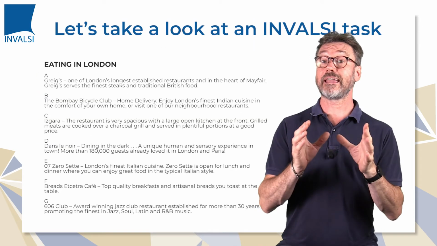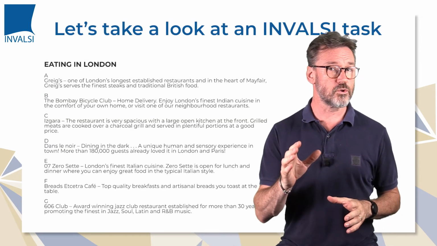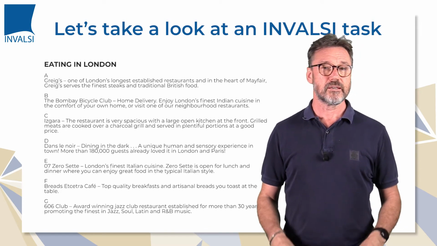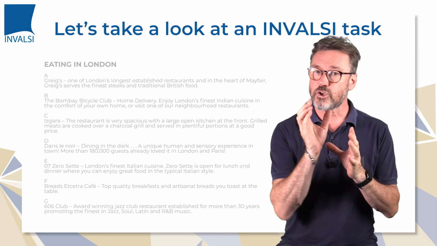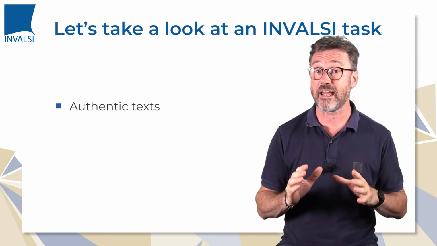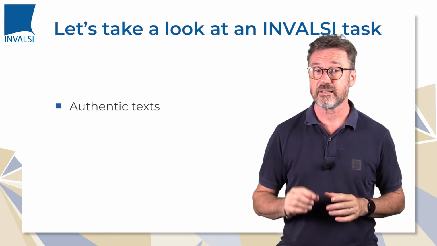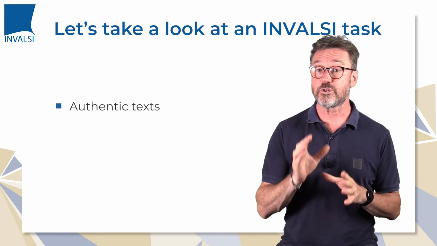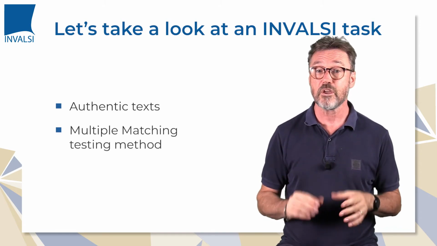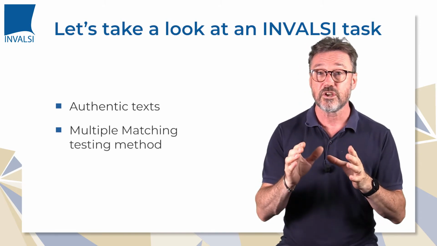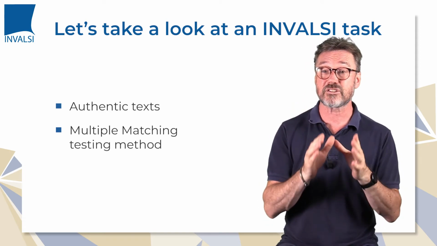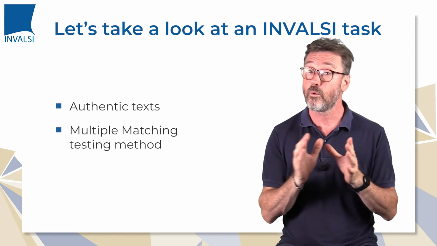The text "Eating in London" was used for a reading comprehension task. INVALSI chooses authentic texts as stimulus for reading comprehension activities. The testing method which was used in this task is multiple matching, which encourages the students to identify the gist in each text and match the sentences in the task with the texts.